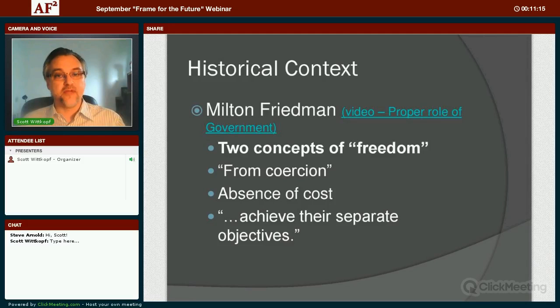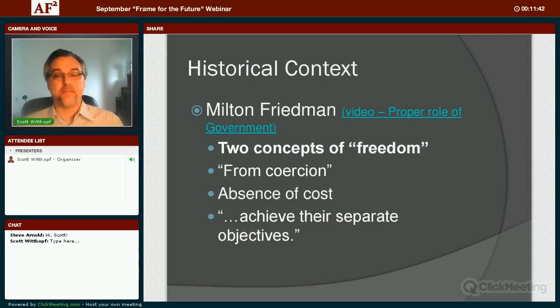the role of government in providing freedom from people should be at the point where people are empowered to achieve their separate objectives. What's really interesting about that is that, as we know, the conservative frame is about the whole idea of self-reliance, about self-interest. You have no accounting for others in the conservative frame.